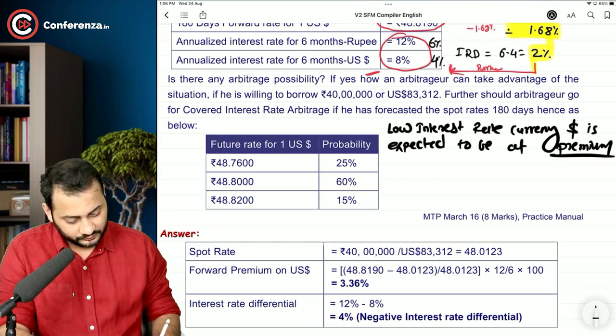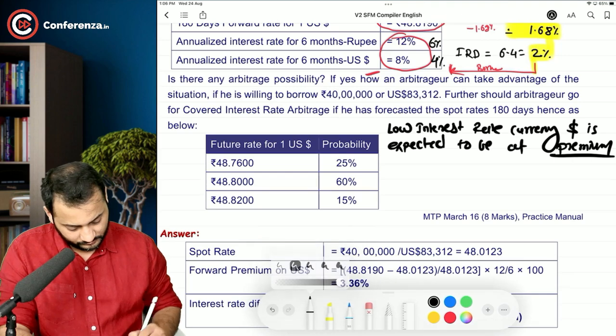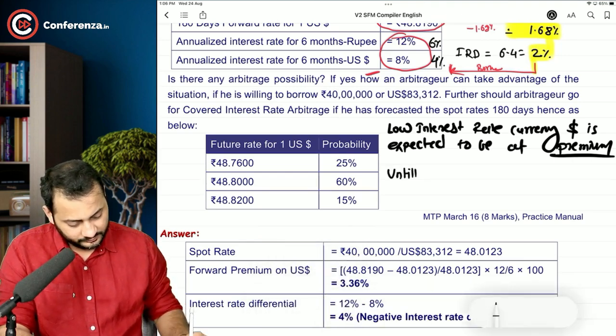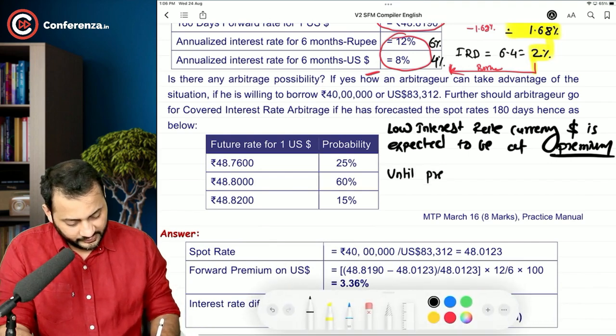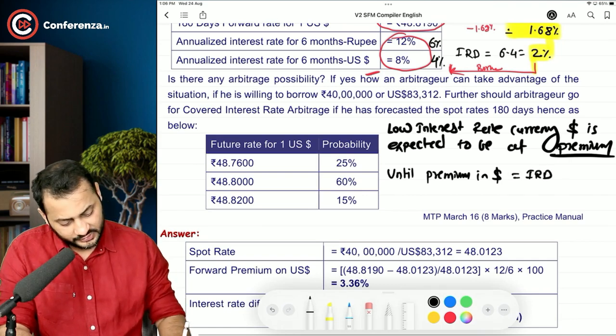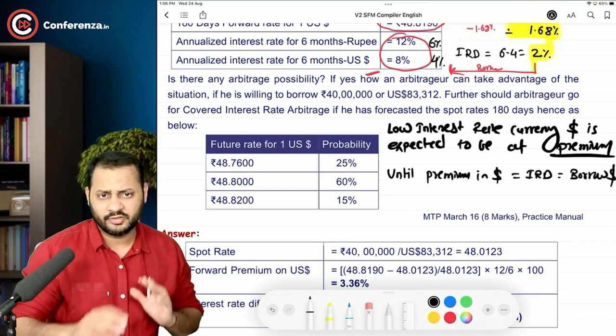Therefore, until the premium in dollar is equal to the interest rate differential, we are going to borrow that dollar. We are talking about dollar itself.